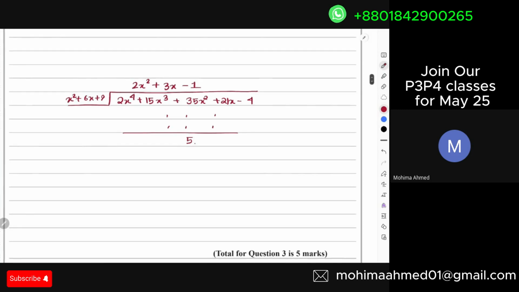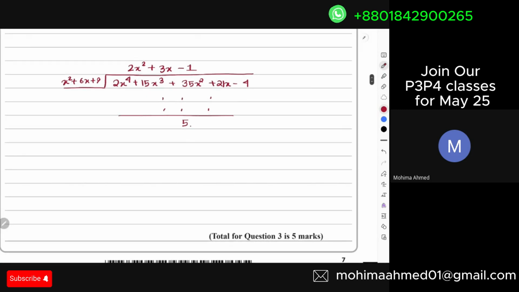Okay, in this case I'm going to write this down as x power 4 plus 15x power 3, then 35x squared, 21x minus 4 can also be written as 2x squared plus 3x minus 1 plus 5 divided by the divisor. The divisor was actually x squared plus 6x plus 9, and this can again be written as 2x squared plus 3x minus 1 plus 5 over x plus 3 whole square, right?